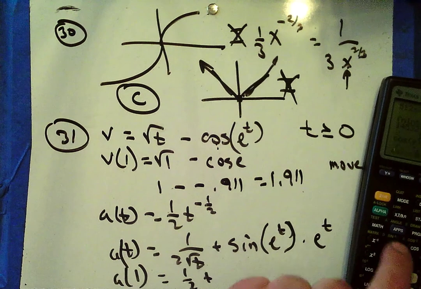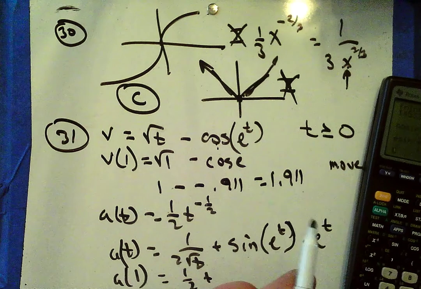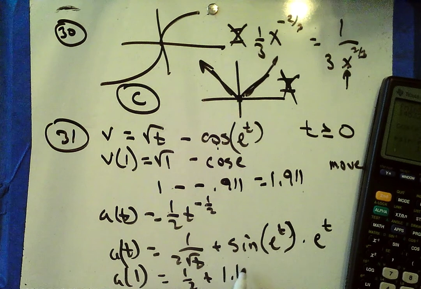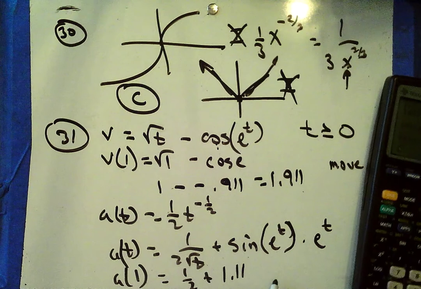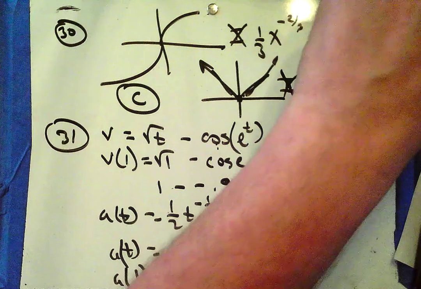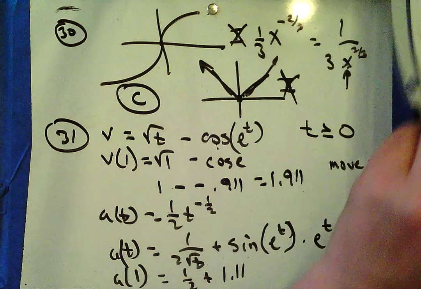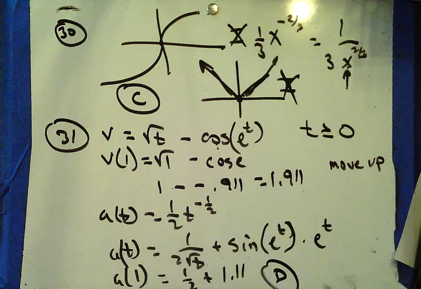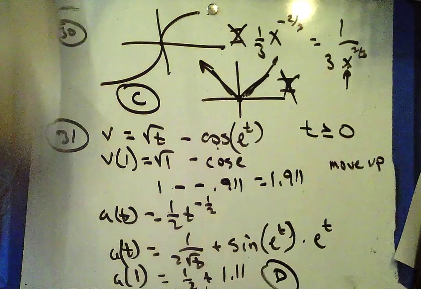E sine e is 1.11, so that's positive, and so I have positive acceleration moving up, and that is choice D for number 31. Acceleration is positive, velocity is positive. This thing is moving up with positive acceleration. 32. Let's take a look at problem 32.